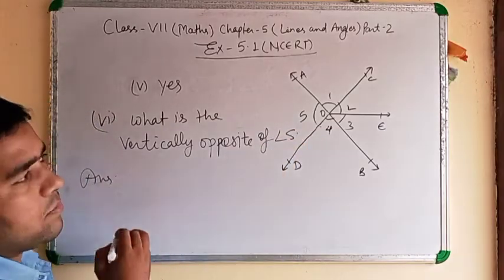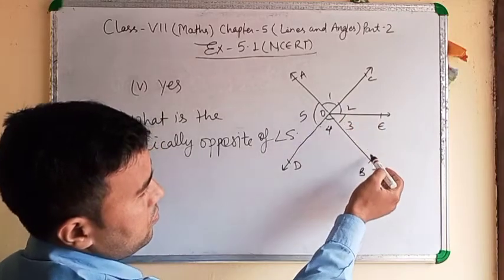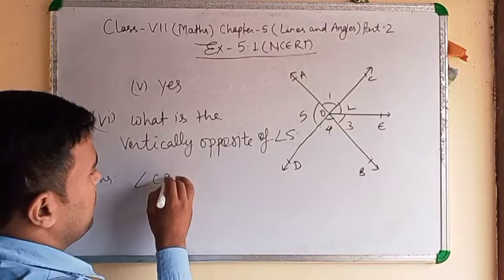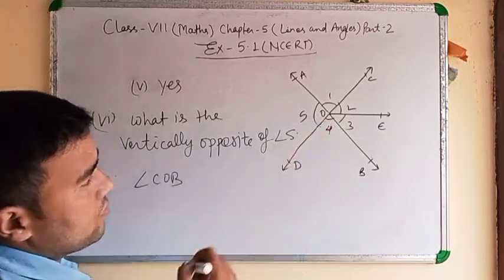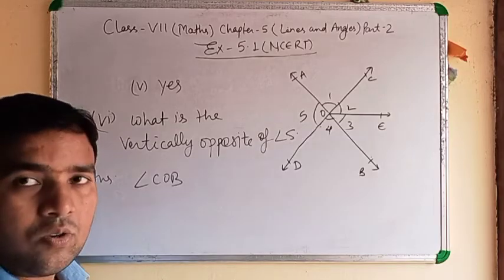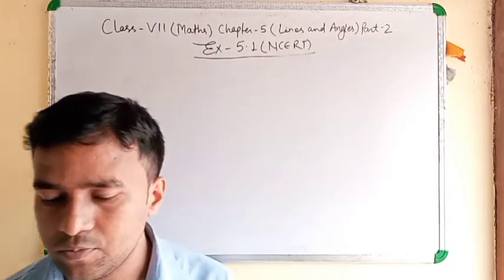Angle 5 is vertically opposite to angle COB. Clear? It is in front of this. Note down this. Questions number 10 and 11 you can do.